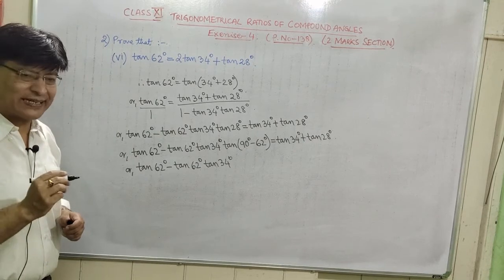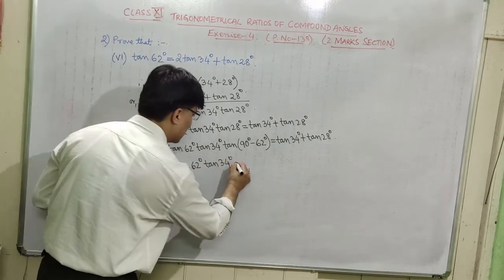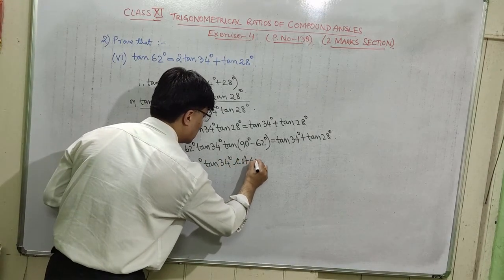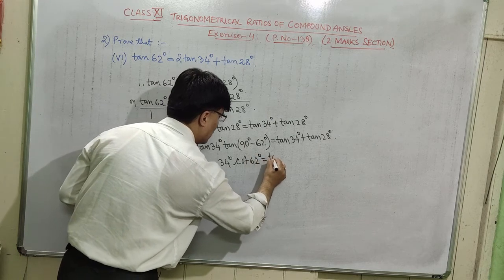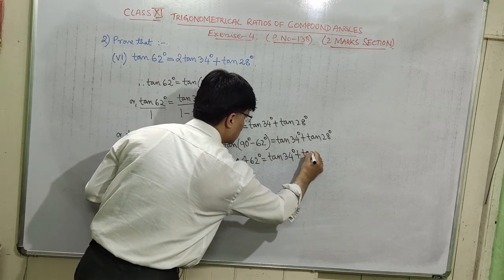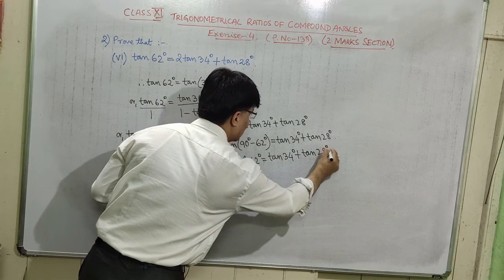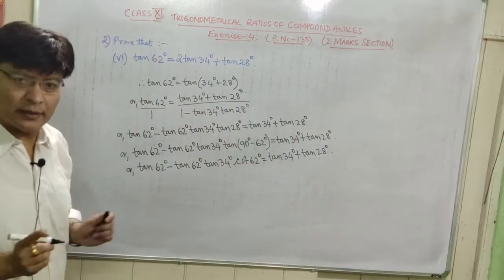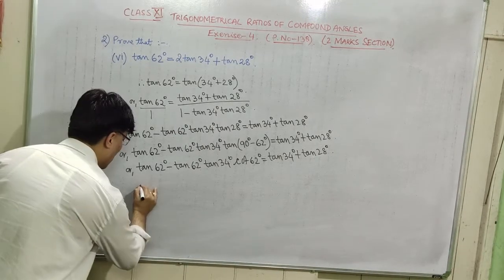You know what is tan 90 minus theta? It is cot theta, so it is cot 62 degree, which is equal to tan 34 degree plus tan 28 degree. Understood?